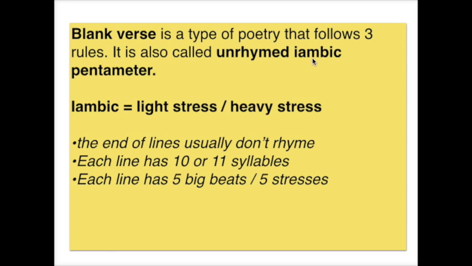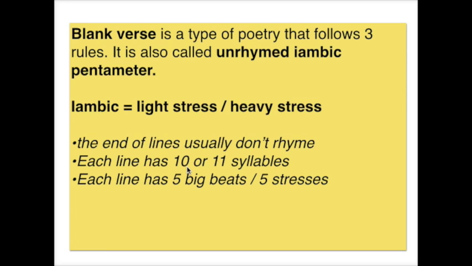Iambic, now an iamb is a lightly stressed syllable followed by a heavy stressed syllable. So iambic is stressing the second syllable in a line of poetry, and you keep that pattern going, stressing every second syllable. So unrhymed, iambic, pentameter.